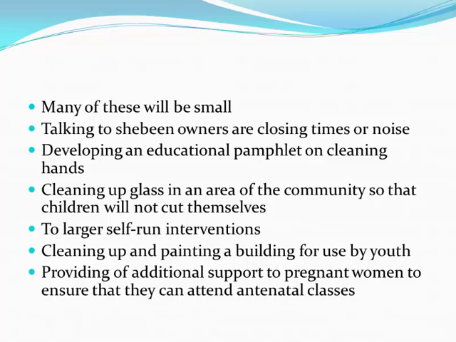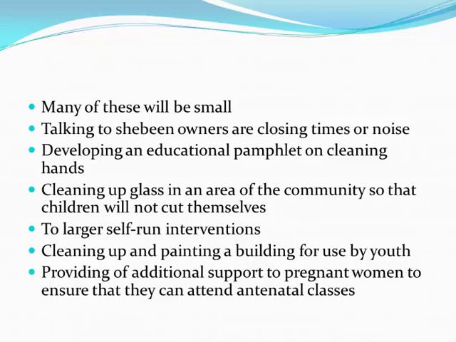So those are ways in which the community can take action against that. Developing educational pamphlets, for example on the diarrhoea issue, developing an educational pamphlet on hand cleaning that is understandable by the community and can be distributed by members of the committee. It's an easy action to do. Cleaning up glass in an area of the community so children will not cut themselves in the play area.